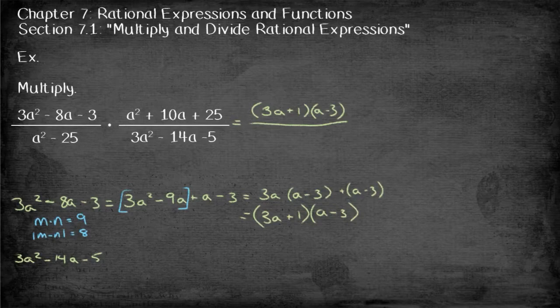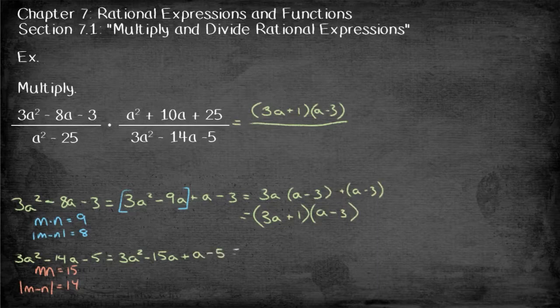I need m times n to equal 3 times 5, which is 15. And the middle sign's negative, second sign's negative, so in absolute value, their difference should be 14. So factors of 15 that would work would be 15 and 1. The 14 is negative, so the larger absolute value should be negative.